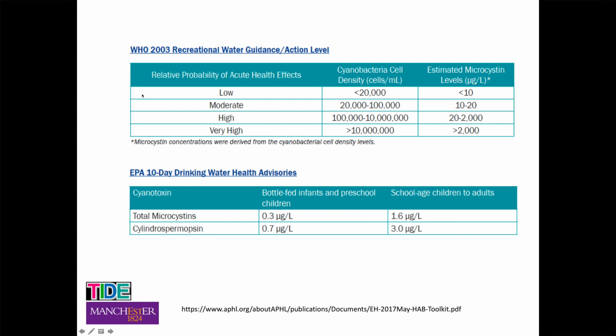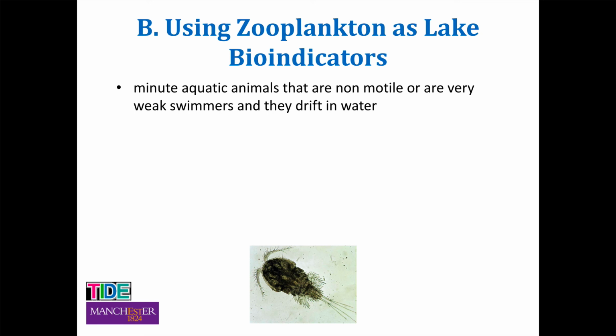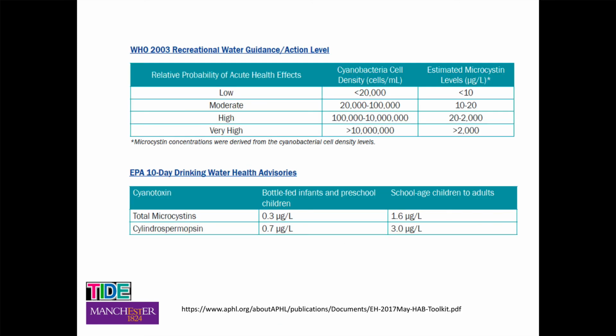The World Health Organization has a recreational water guidance and action level for cyanobacteria and cyanotoxins. So these are things that are very routinely monitored worldwide. At low levels of these cells, you have low probability of acute health effects.